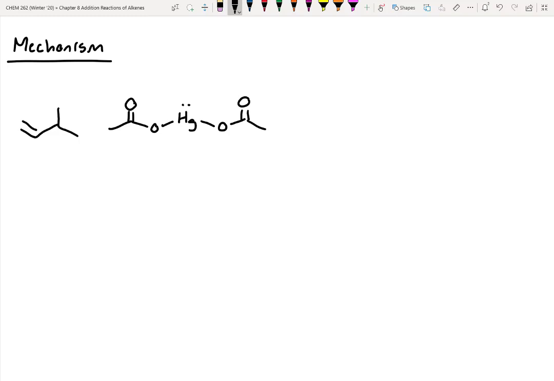All right, so this is a special reagent that we're going to be using. This is called mercuric acetate. It's just abbreviated as HgOAc2. That's the kind of shorthand name for writing out mercuric acetate.